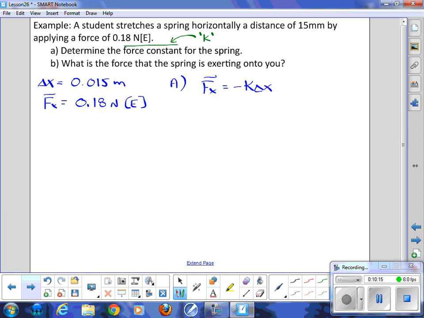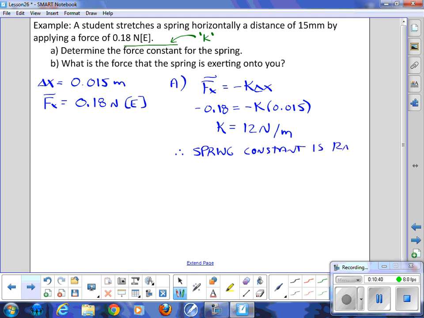So we are stretching the spring, so it would be negative 0.18 equals negative k times 0.015. My spring constant then, my k value, is 12 newtons for each meter. All right, so therefore, the spring constant is 12 newtons per meter.